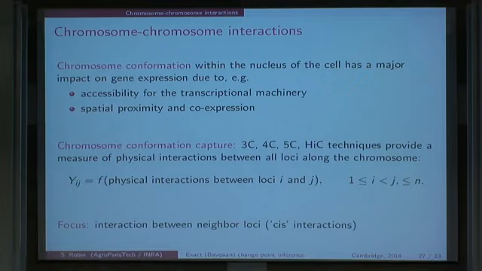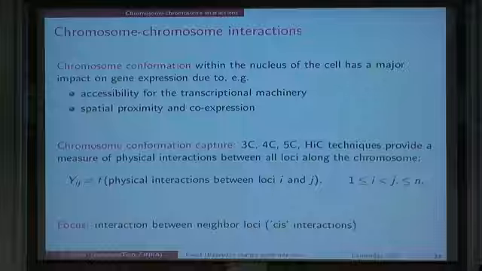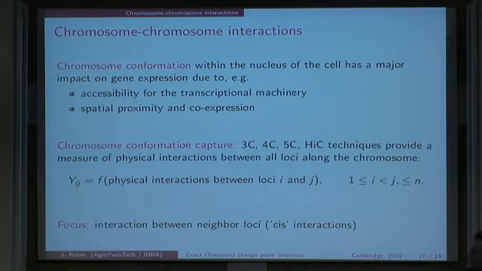For example, something very obvious: if the sequence of your favorite gene is completely at the heart of the pack, you have no chance that the transcriptional machinery can access it to make protein from that. So the chromosome has to fold and unfold, and they do this all day long, all second long. Setting one gene at the exterior and then taking it at the interior, so that it's available for the transcriptional machinery.